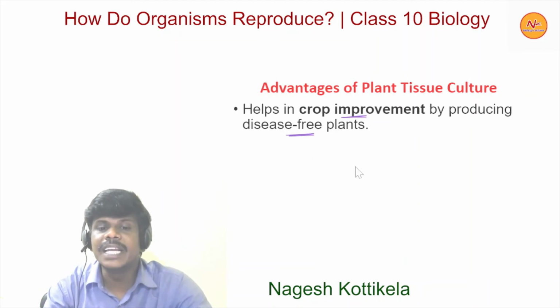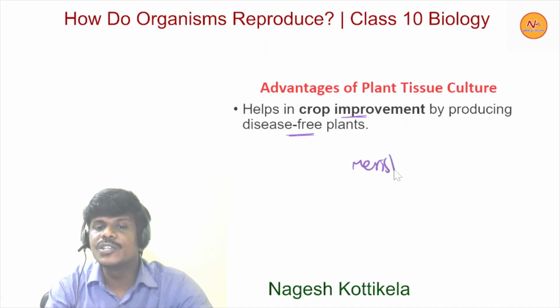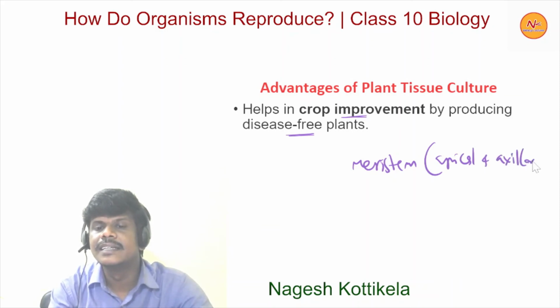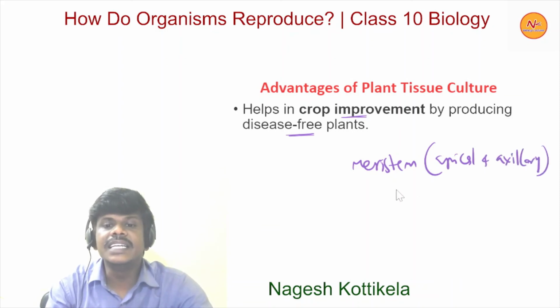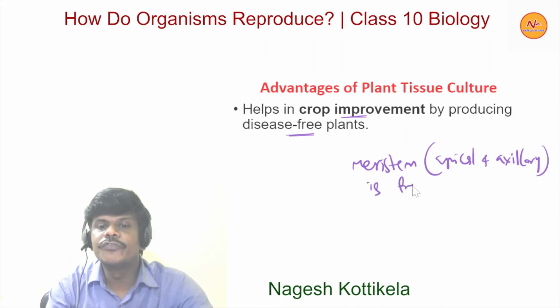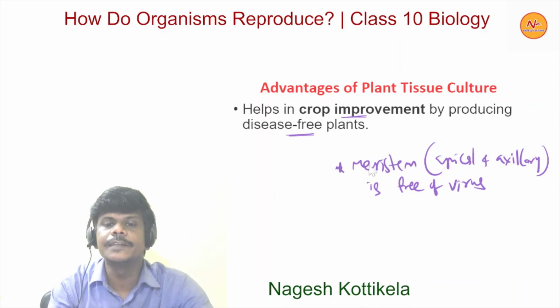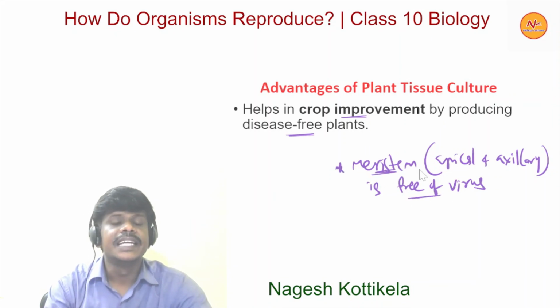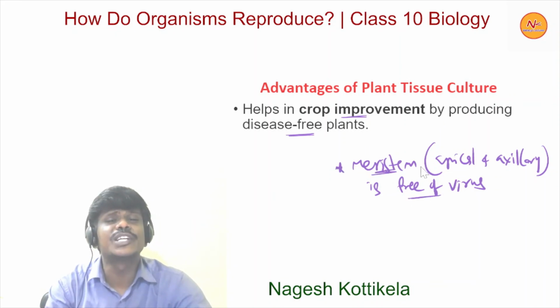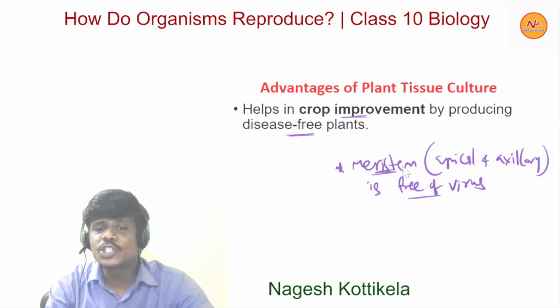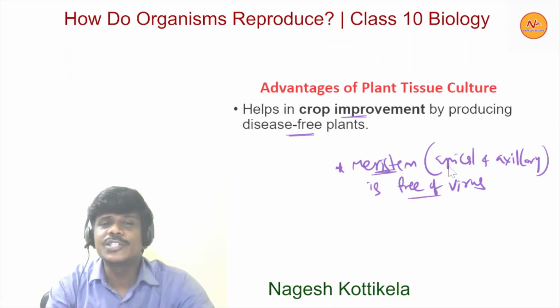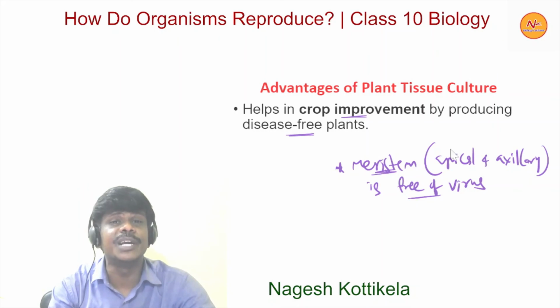Okay, the meristem, both apical and axillary, is free of virus. I repeat this once again. Even if the plant is infected with a virus, the meristem, that is the apical meristem as well as the axillary meristem, is free of virus.